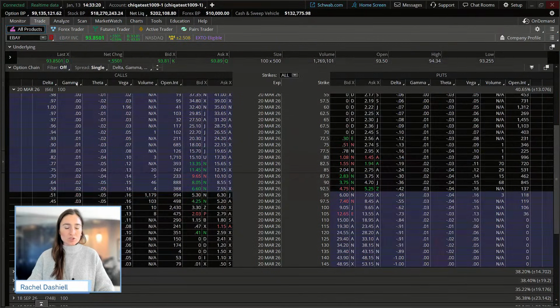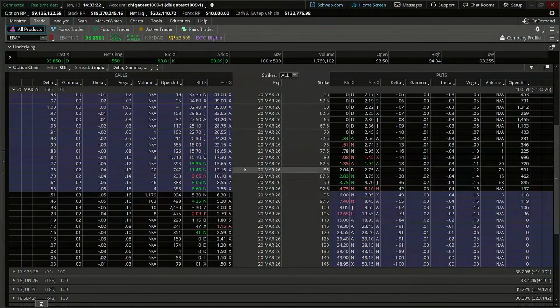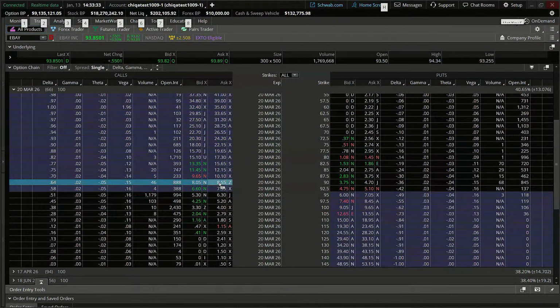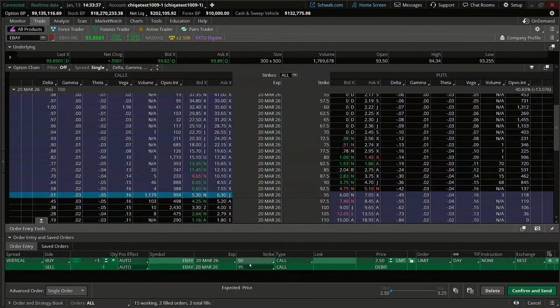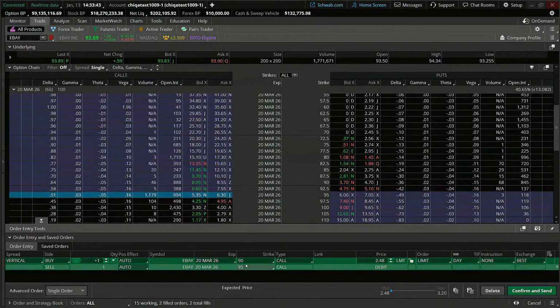So I'm going to take a bullish trade with limited risk. I am going to look about 2 months out at buying the 90 call and selling the 95 strike call, with the assumption that price is going to get above $95.